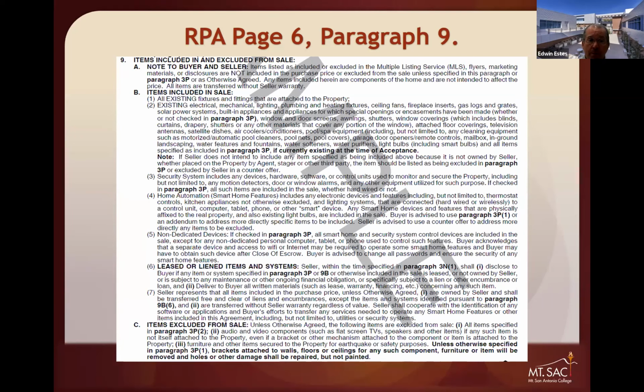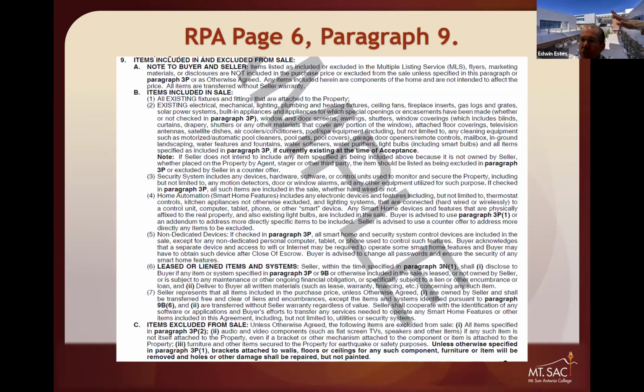As I mentioned before, paragraph 6, leased and liened items. Those are those HERO or PACE loan financed things like solar panel heaters or solar panels on the house. Okay. And then C, things to be excluded from the sale. Again, we list the items back in 3P1 and 3P2.